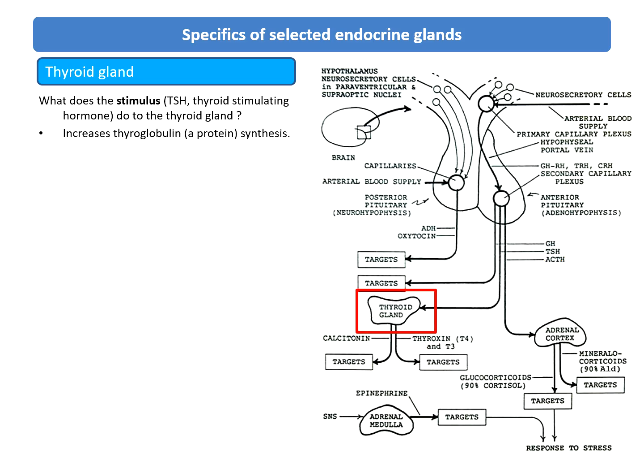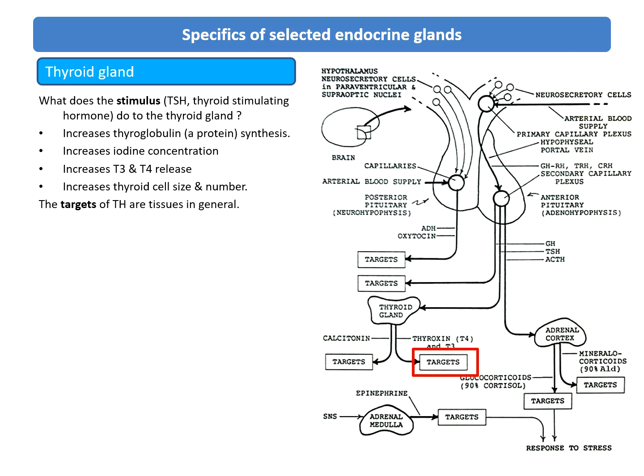That's a protein we'll come to in a moment. It increases iodine concentration by increasing the transport of iodine into the thyroid gland. It increases the release of T3 and T4, and it increases the thyroid cell size and number. So as a result, the thyroid gland grows bigger.